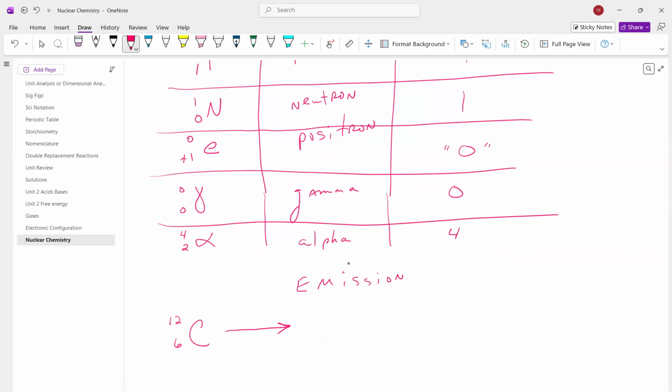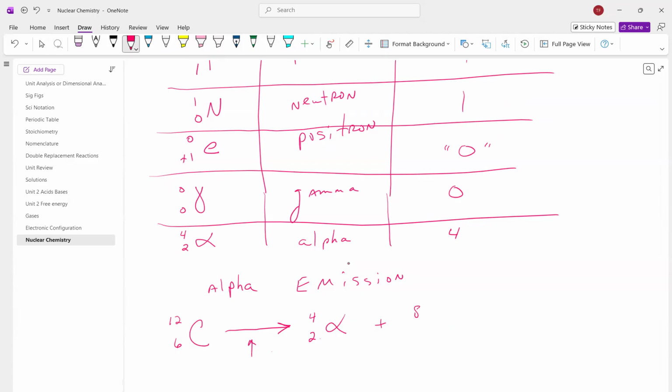When we say we have an emission, say an alpha emission, that means something is coming off the nucleus and it'll appear on the right side of the equation. So we're going to have, that's the alpha particle being emitted from the nucleus.